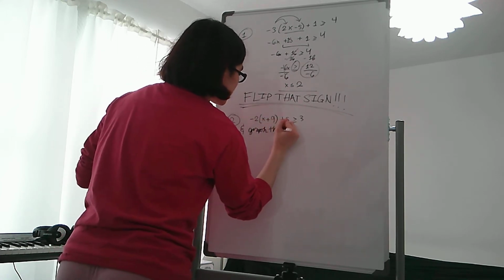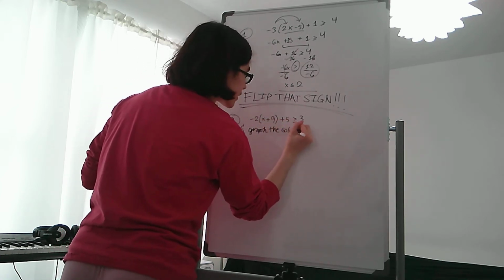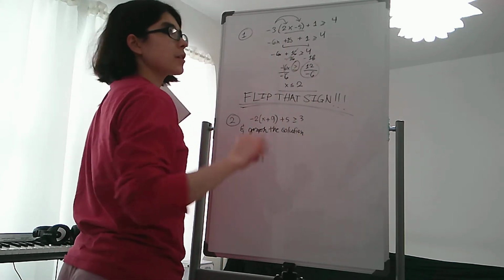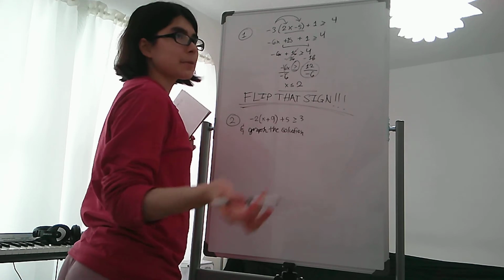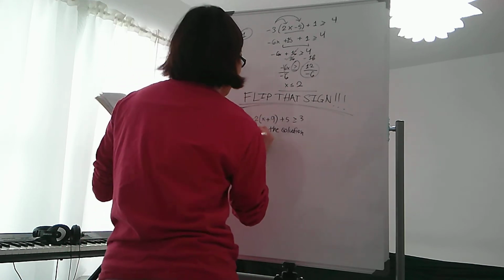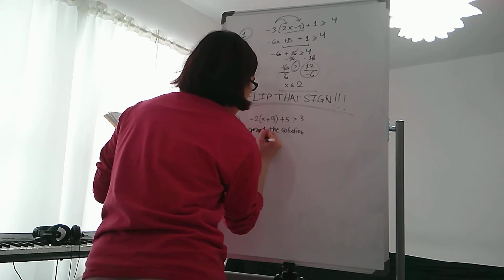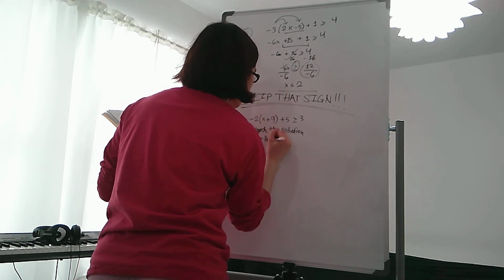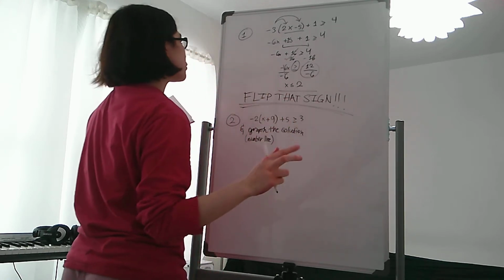And don't worry, I don't mean an actual Cartesian plane at this point. I just mean on a number line. That's how my book put it, graph, but really it was a number line. So we're going to find x like we did in number 1, but then we're just going to represent that solution on a number line.